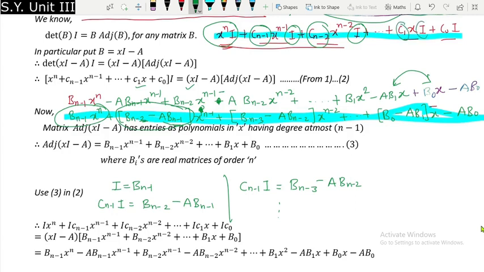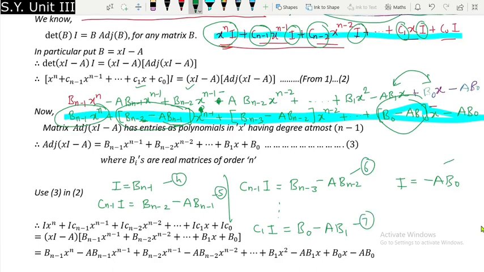We are going to compare the coefficients of x. Over here it is c1i, so c1i will be equal to b naught minus a b1, and our last equation is going to be I is equal to minus a b naught. So I'll call it 4, this is my 5, this is my 6, this is my 7, and this is my 8.